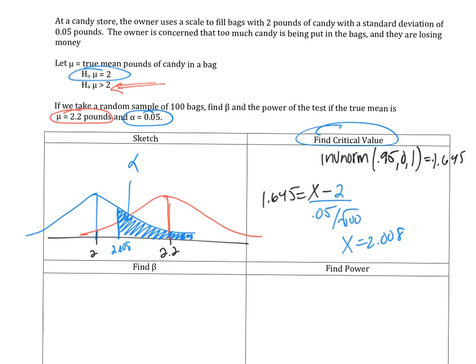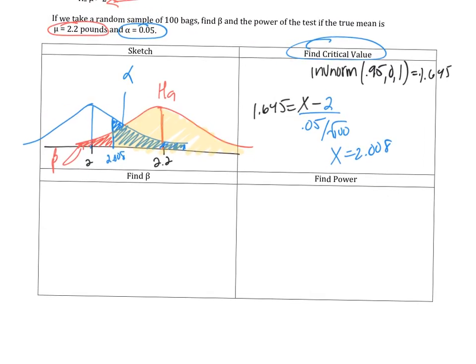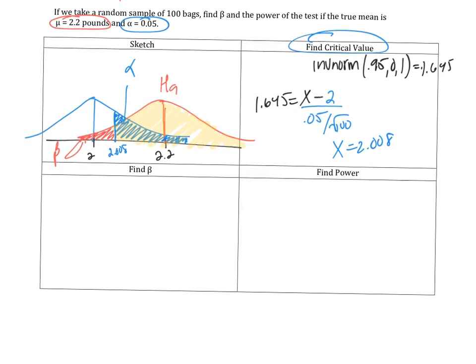On the opposite, on the red alternate hypothesis curve, here's beta. And then here's your power. Finding that probability of beta is the probability of an x value being less than that 2.008 when mu equals 2.2, because now we're using the alternate curve. We never believed the null was true in the first place.